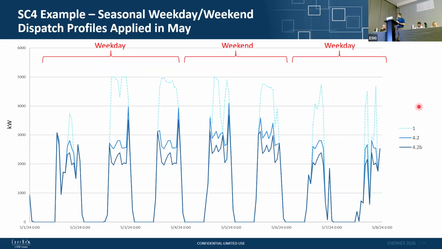And then you can see these in action here, again the same illustration, the original base case versus how those limits look when they're applied to that curve. So a good amount of curtailment, obviously, and you can see how it changes during weekdays and weekends, where loads might be different or generation might be different.